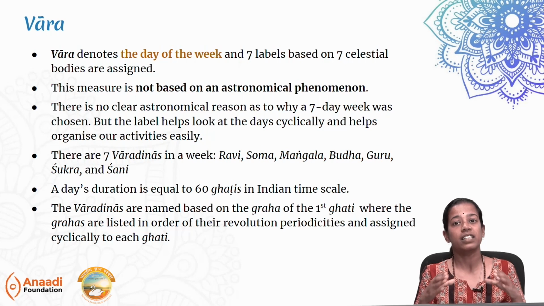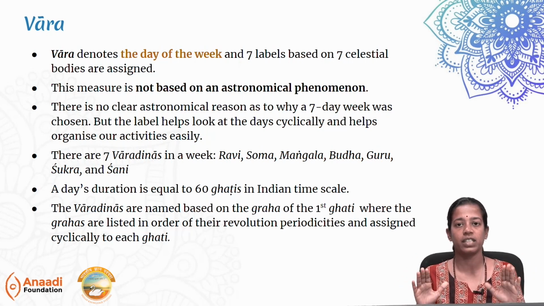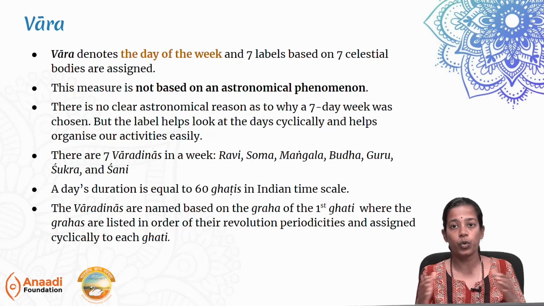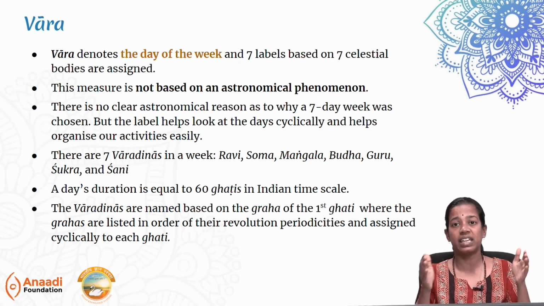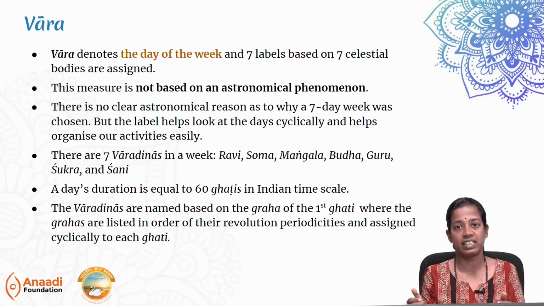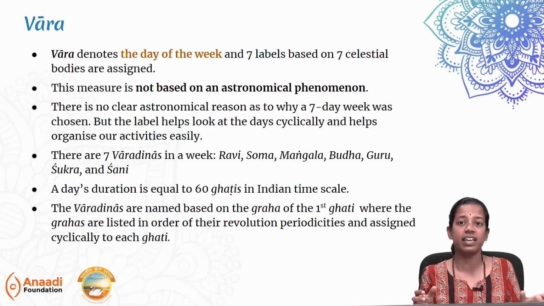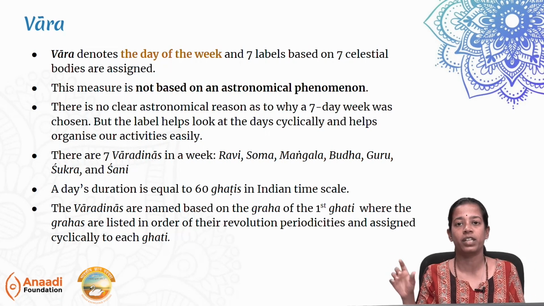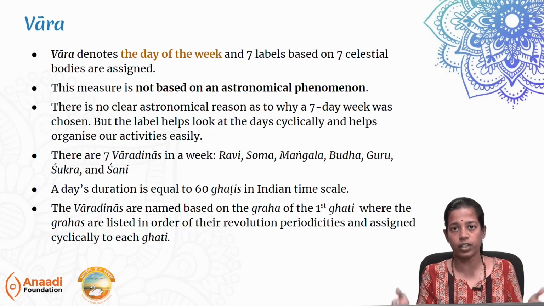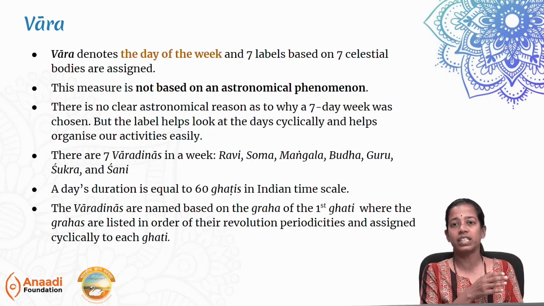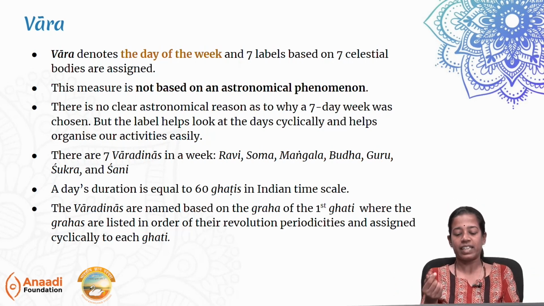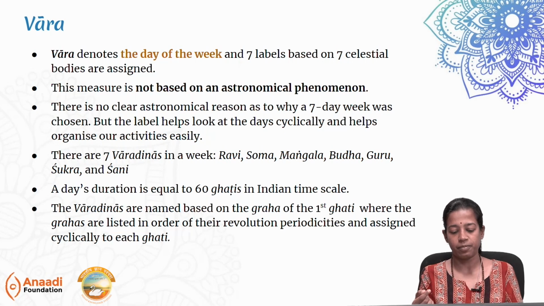We said that the duration of the day is the same as the current day, which is 24 hours, but this duration is split into 60 ghatis. So, one day is considered to have 60 ghatis, and thus each ghati will span 24 minutes because it is 1/60th of the duration of one day. One ghati is 24 minutes.